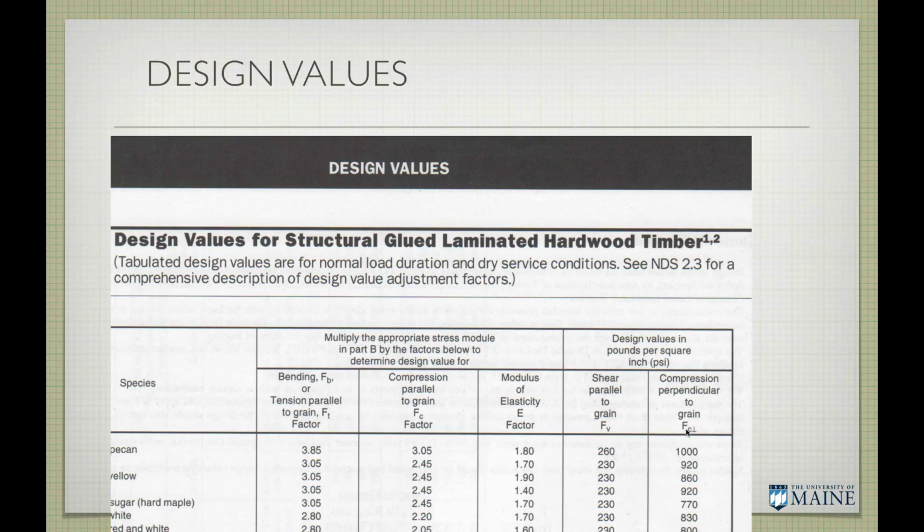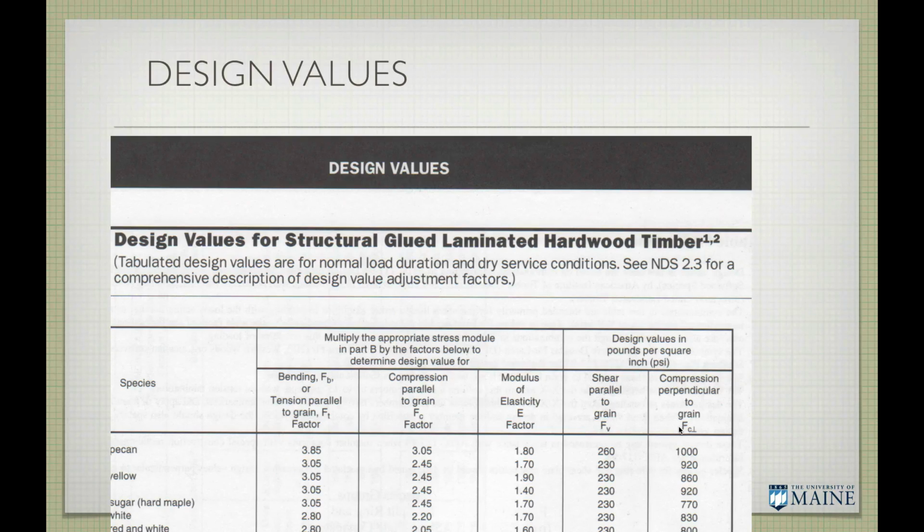And compression perpendicular to the grain, FC perp. So there are six design values, F sub B, F sub T, F sub C, E, F sub V, and FC perp.